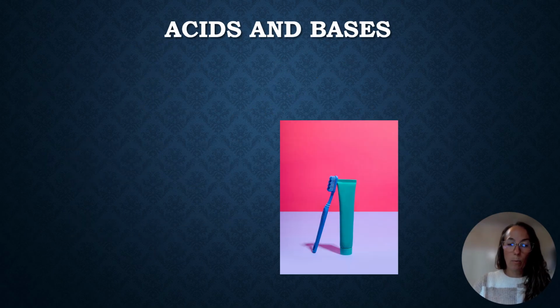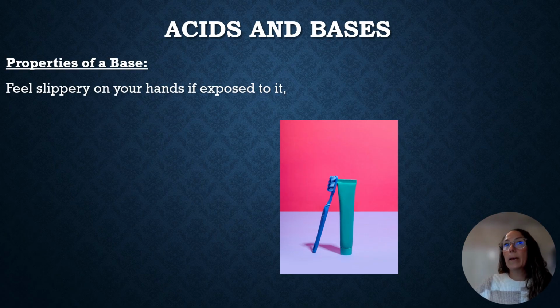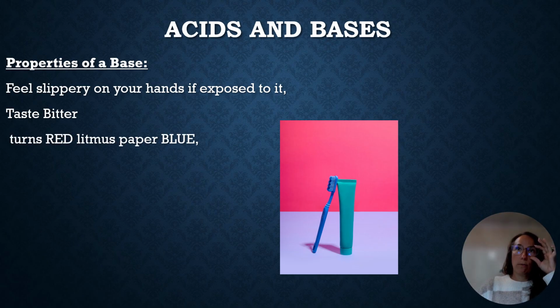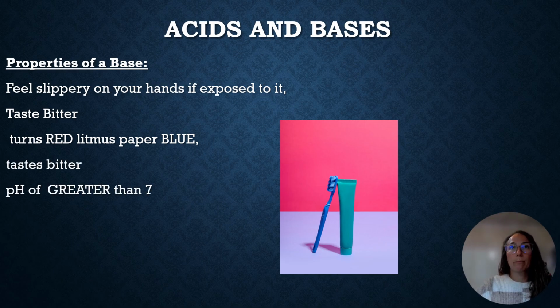Okay, you need to know about properties of acids and bases. So the property of a base is it feels slippery, like soap if you touched it. It tastes bitter. So for example, baking soda would taste bitter, toothpaste can taste bitter, and it turns red litmus paper blue. Look, tasting bitter is so important, it's on there twice.